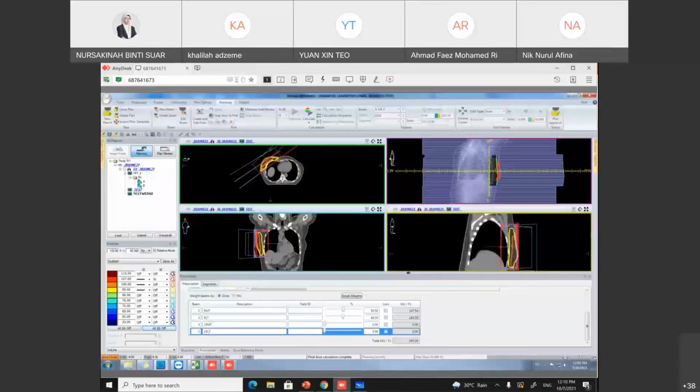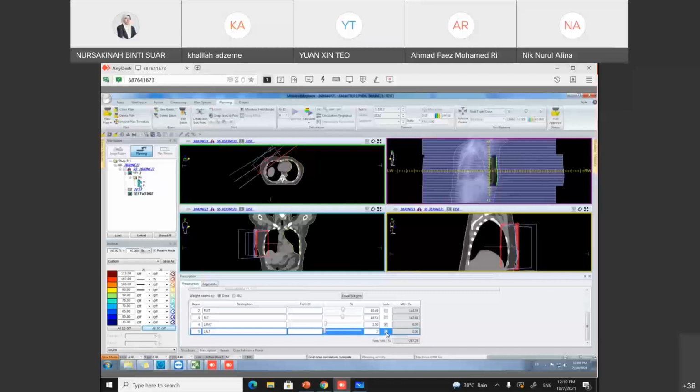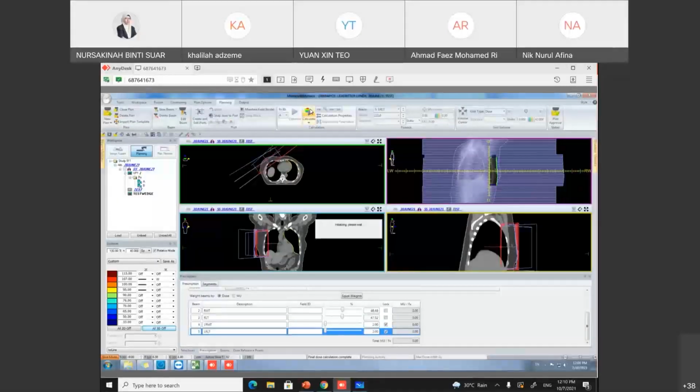In terms of rules, it's not more than 3%. It depends on the case. So for this case, I will start first from 2%. For each field in field beam, I will put in 2%. Okay, and then I calculate.